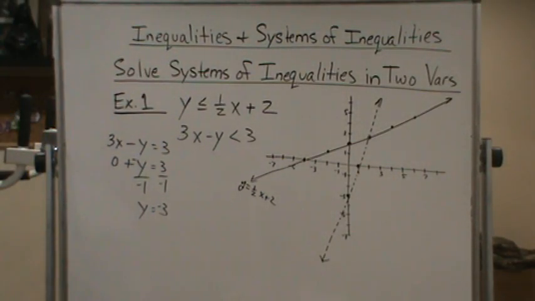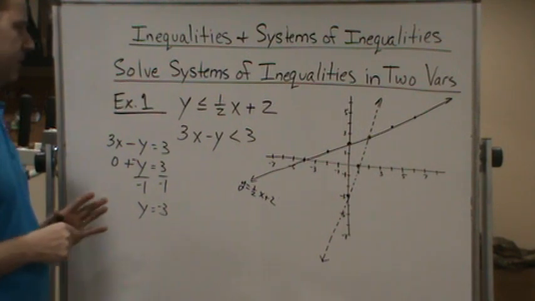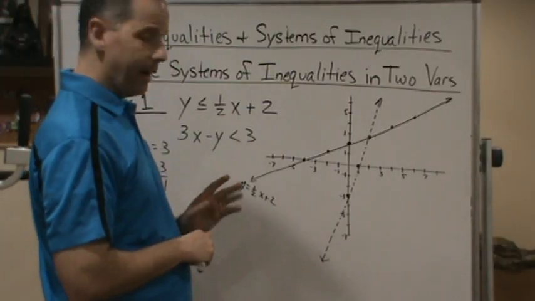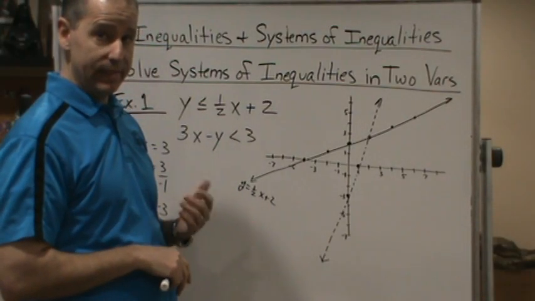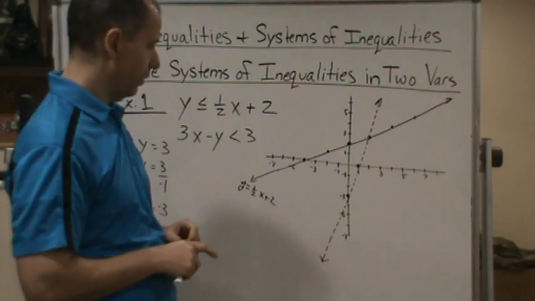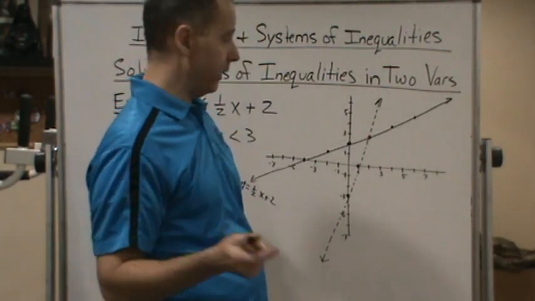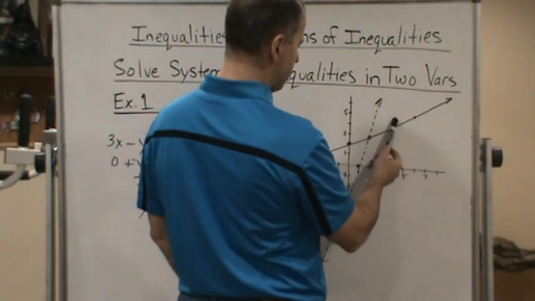Okay, so now we have the two graphs, the two lines. These are our boundary lines. Now, we have 4 regions that we can test. You could put a test point in here.